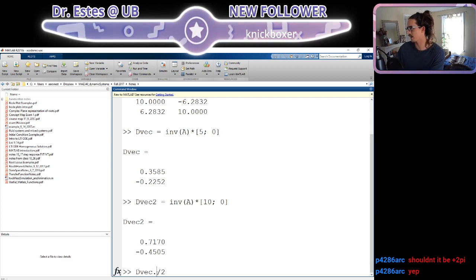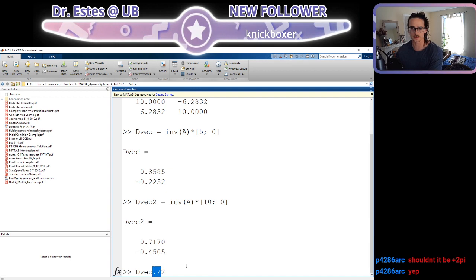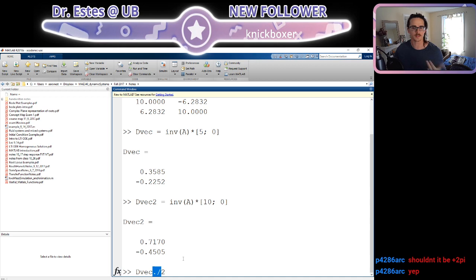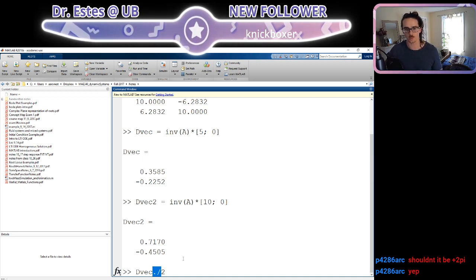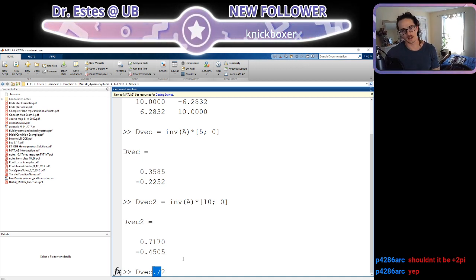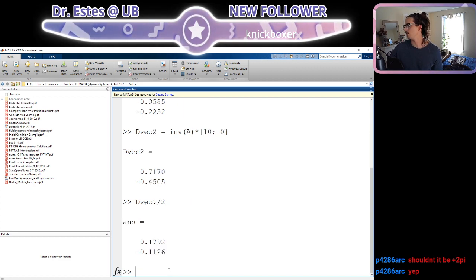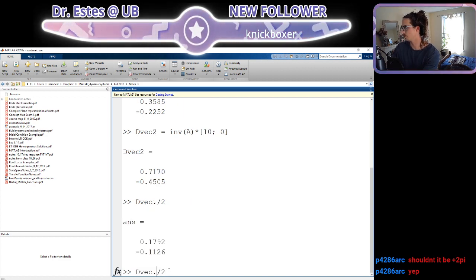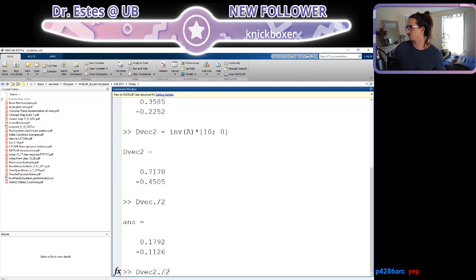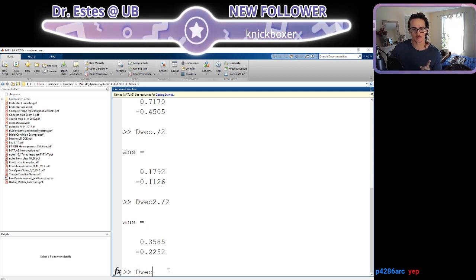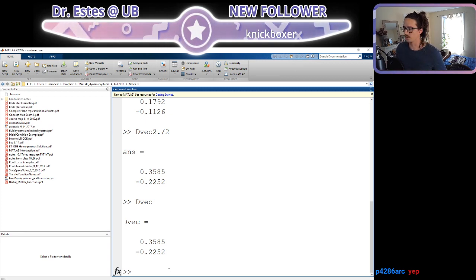So I have to do this dot division. I've talked to some of you about dot multiplication. Whenever you have this dot in front, it does element-wise division or multiplication. It'll take every element and divide it by 2. Oh, whoops. I didn't want to divide that one. I want to divide dvec 2, the one we just got. And if you compare this to our original d vector, you notice they're the same.